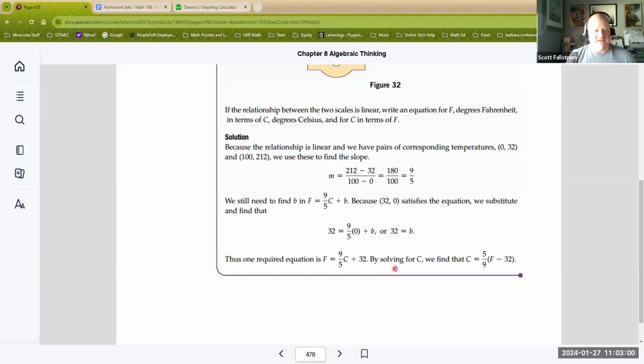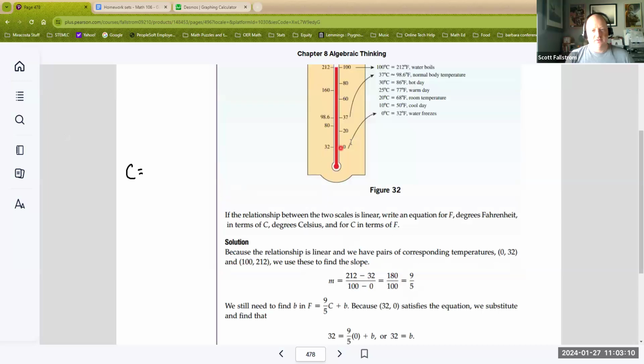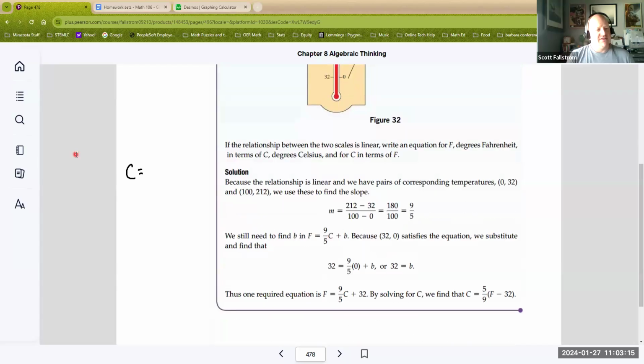Okay, let me give you an example here, right? So let's just say that you're in a country and they say, oh, it's, I don't know, 14 degrees Celsius. That seems like a reasonable temperature. So if I use the actual formula, I would say F equals 9/5 times 14 plus 32.